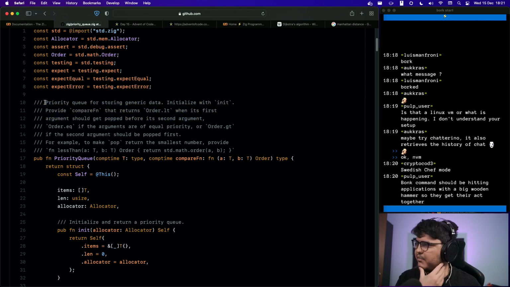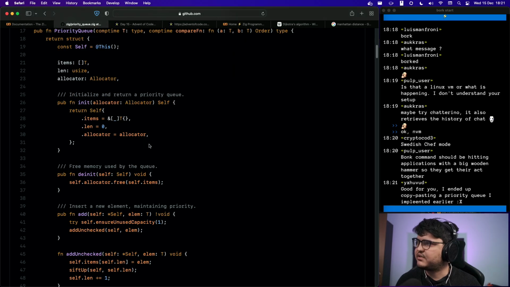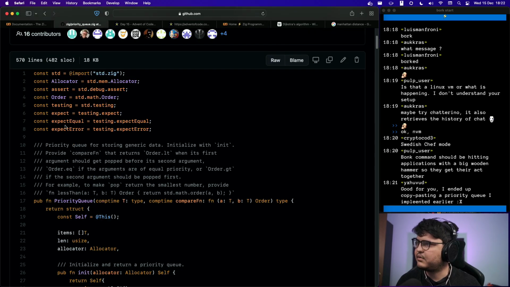So like min first. Cool. That's actually, I think, also what we want. Order queue, if the arguments are equal, order GT in the other case. Also, is this order something defined in here, or is this something shared with math? Oh, it's shared with math.